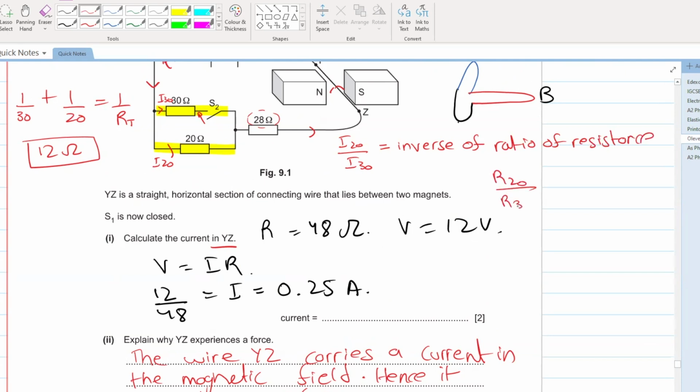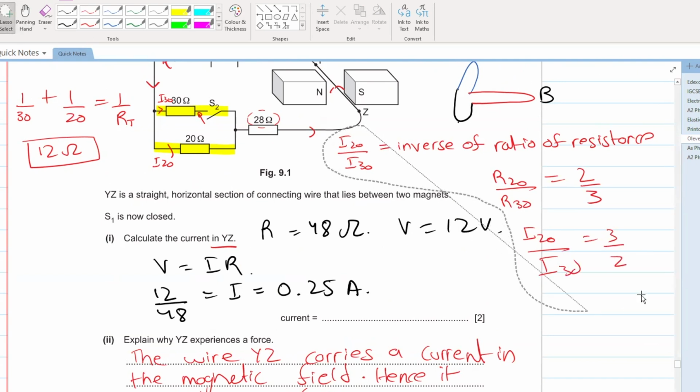R20 over R30 का ratio of resistance क्या होगा? 2/3. Similarly, if I inverse it, what will happen to the current ka ratio? 3/2. Simple. This is a key point that you must remember.